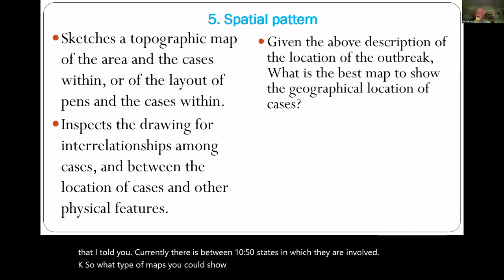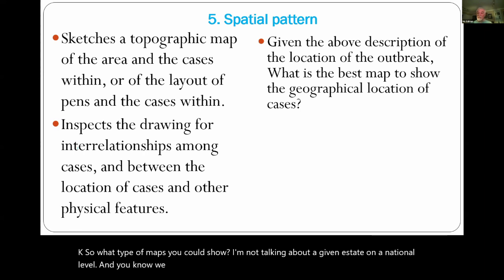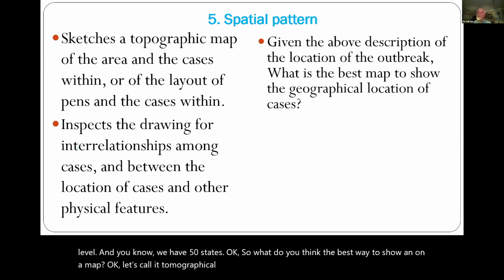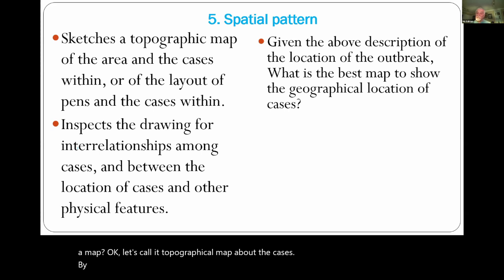I'm not talking about a given state, but on a national level. And you know, we have 50 states, okay? So what do you think is the best way to show, on a map, let's call it a topographical map, the cases by these states?